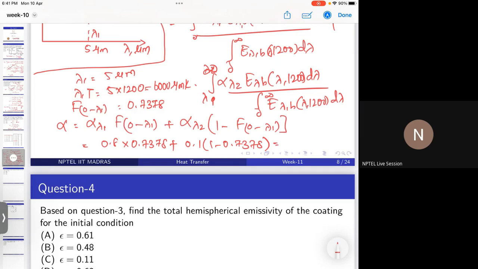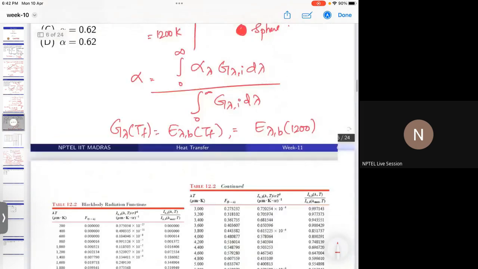Can you please calculate this? It comes to about 0.62. So this is the total hemispherical absorptivity of this small ball.